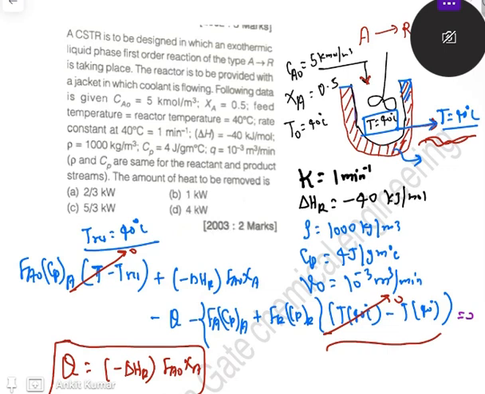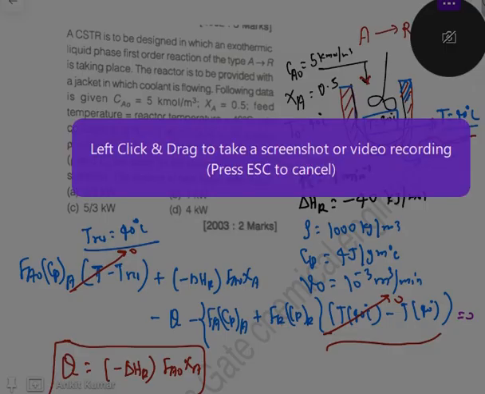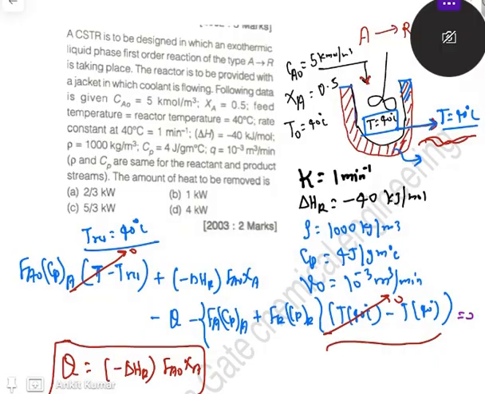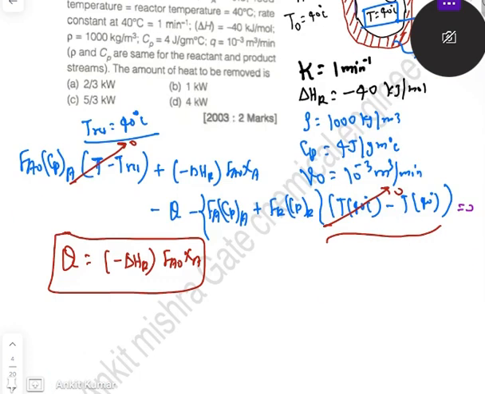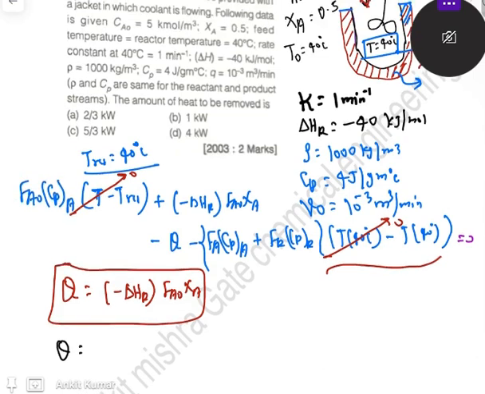Keep this in mind whenever we are dealing with the continuously stirred tank reactor: the exit temperature will be equal to the reactor inlet temperature. So now let's calculate the parameters. Q will be equal to, what is delta H of our reaction?